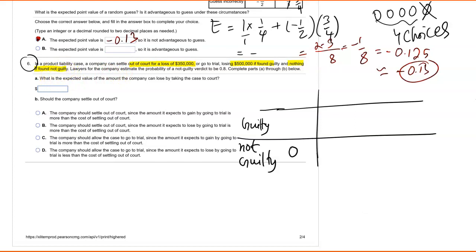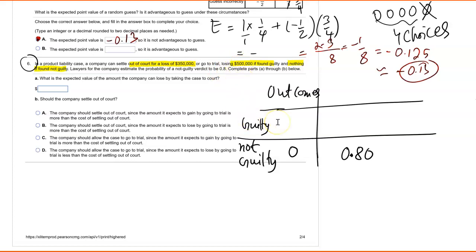That means this is the outcome for the company if it is not guilty. What's the chance of the company being found not guilty in the verdict? It is 0.8, like 80%, I should say.